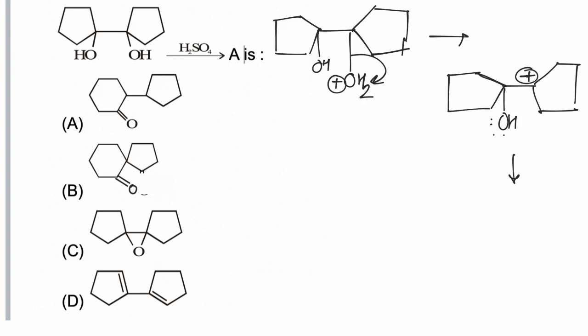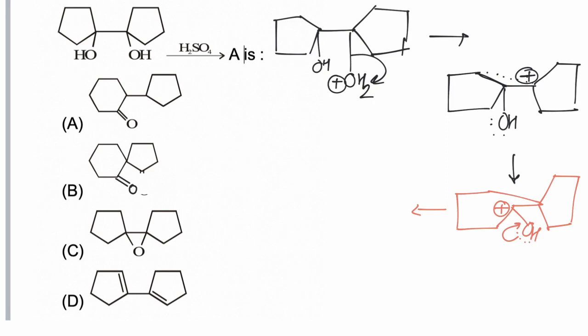So alkyl shift takes place and now ring will be converted to 6-membered ring via ring expansion. Now one ring is having still 5 atoms while other ring will be converted to 6-membered ring. Now OH and this positive charge is stabilized by alpha effect.